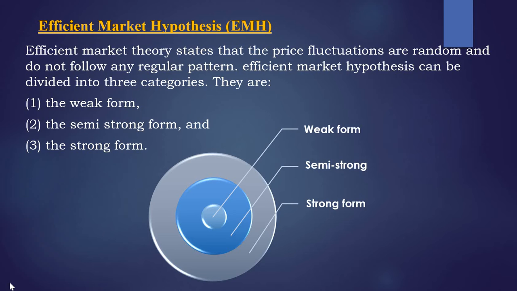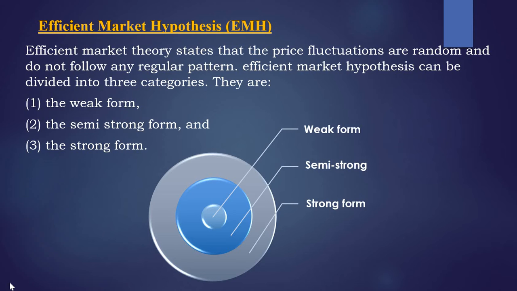Okay, so whatever information is related to the company, it may be private information or maybe public information, so how that information regarding the company affects the shares of that company or the share market, that we study under this hypothesis. Okay, in simple words, efficient market theory states that the price fluctuations are random and do not follow any regular pattern.